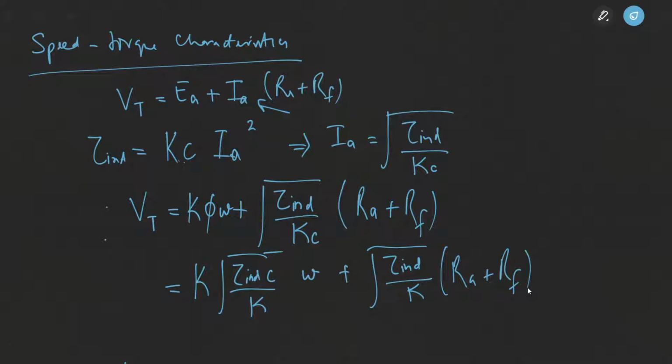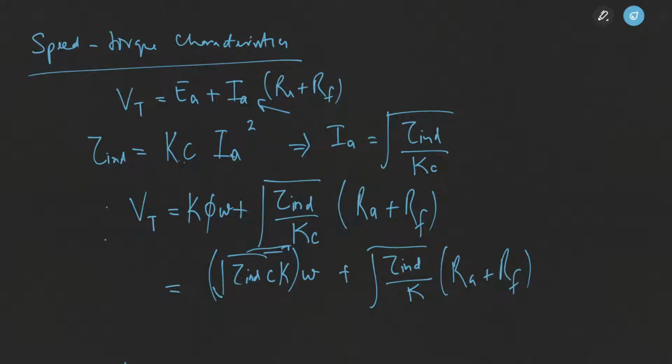Again this is K divided by the square root of K, so you can simply write this as the square root of torque induced into C into K, into omega, plus the square root of torque induced divided by Kc into (Ra plus Rf).